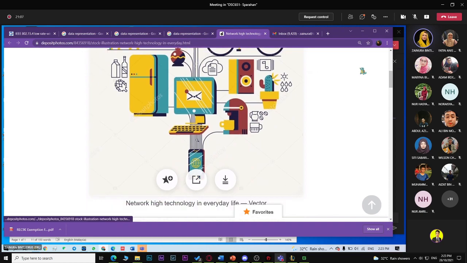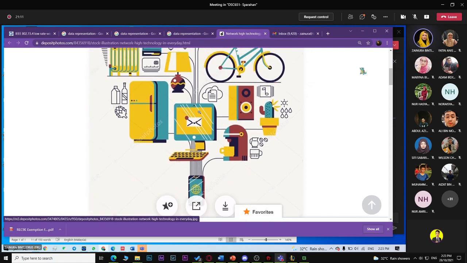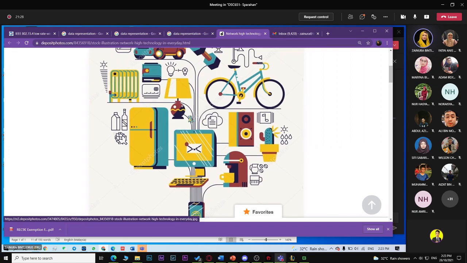This is your home. You're at home. This is your server, example. And then from here, this one, directly to link to your coffee, your fridge. Ini apa macam bom this is planting. What? This is what?